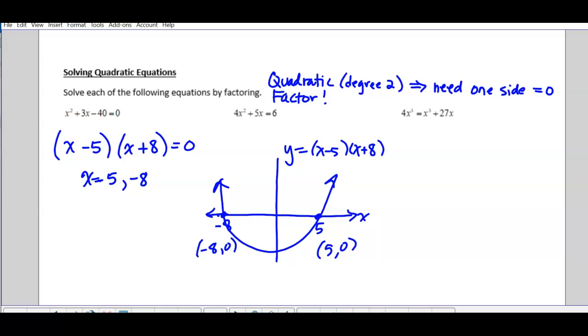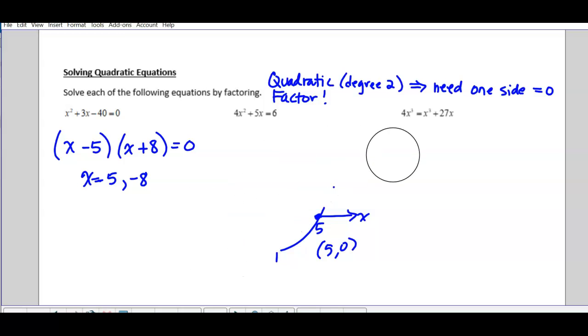This is the graph of the corresponding function, okay? This is an equation. There is no y in here, okay? But you can use the graph to help you. So you could graph y equals this and find the x-intercepts. It means the same thing. Okay. So that's how it relates back to what we did at the end of the last unit.